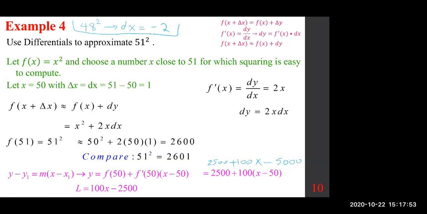Now, so this is L or L of x. Now plug in 51. Plug in 51 and it gives you exactly the same answer as you found here. They should. The linearization and differentials will give you exactly the same answer, class. I hope everybody can see that. Okay.